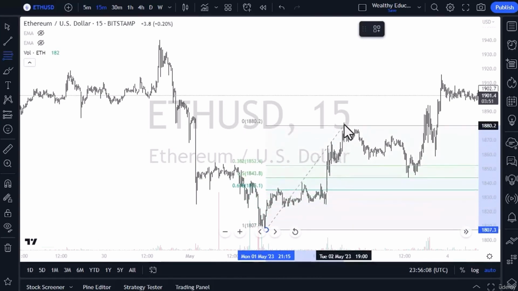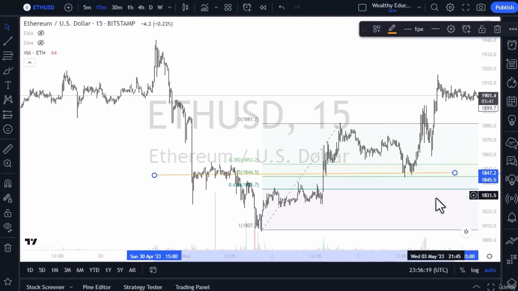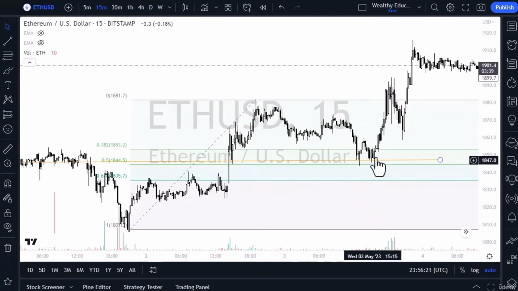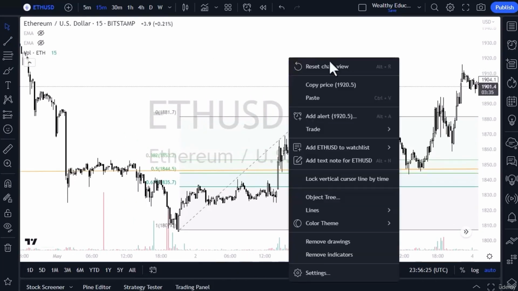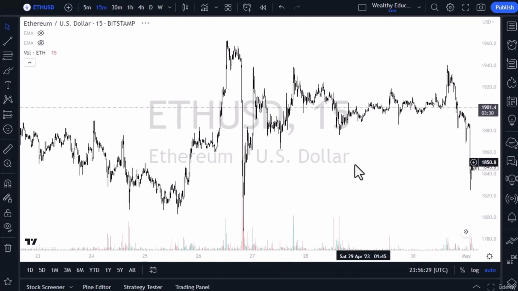So big move here. You're looking to get involved right here at the 50% level, an area that has been rather noisy in the past. You see a turnaround. The market tested the area twice and then took off. That's a pretty standard way to trade this.